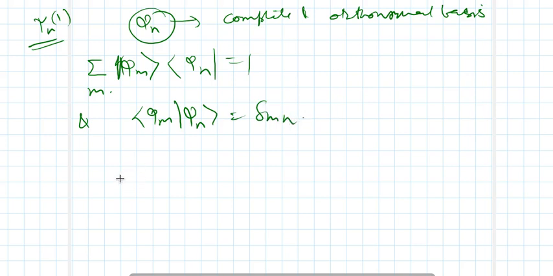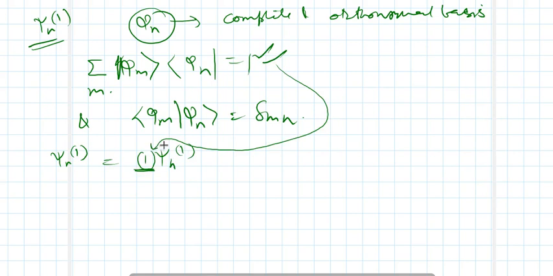And let us now consider psi n1 is equal to psi n1 multiplied with 1, but 1 is nothing but this one. So if we put this value here, then I can say that it is equal to the summation over m of phi m phi m psi n1.